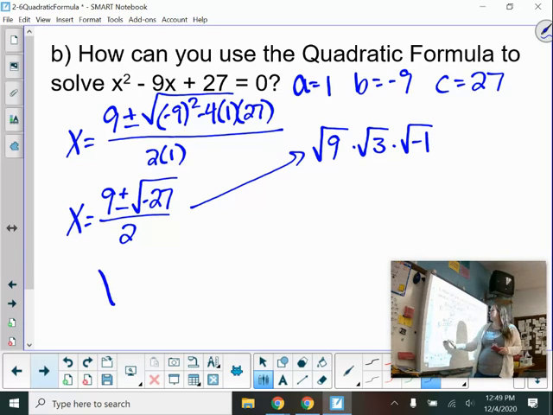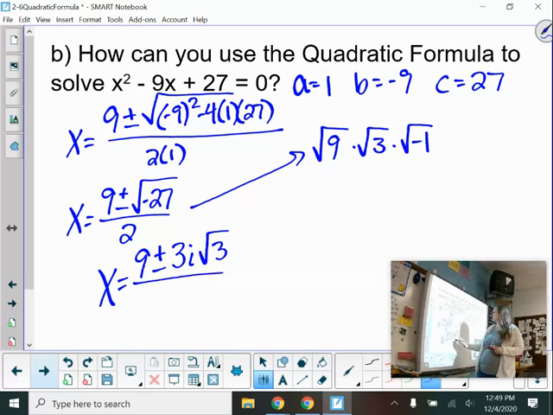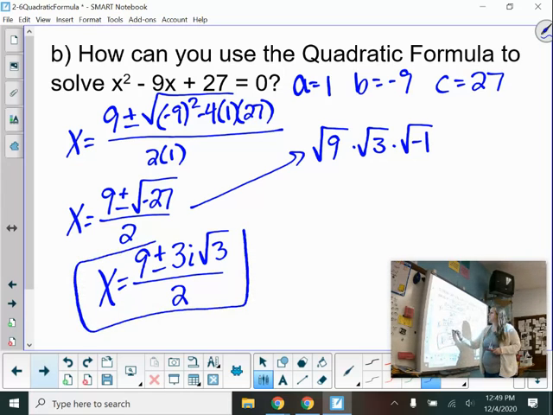So this is going to become 9 plus or minus 3i square root of 3 all over 2. The outside numbers aren't divisible by 2, so I can't reduce this anymore. That's going to be my final answer for that.